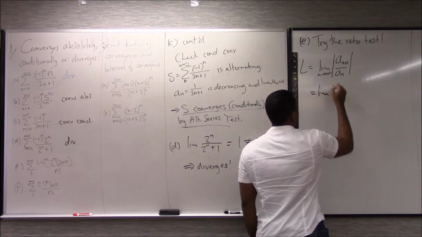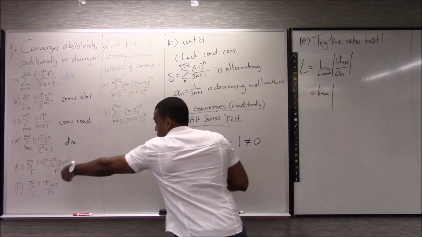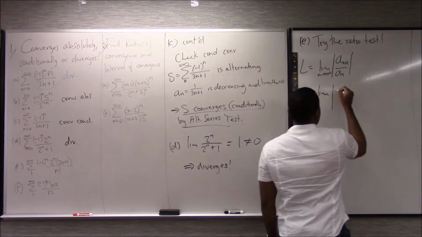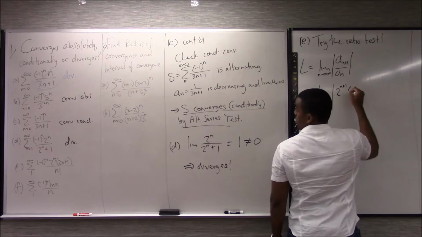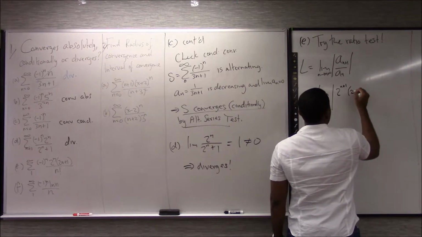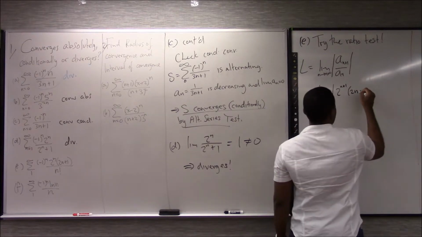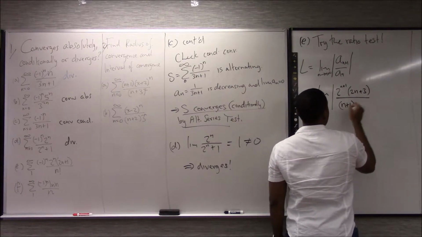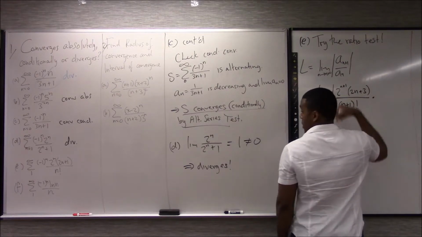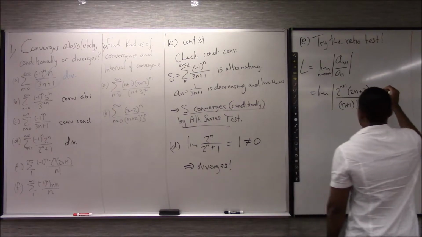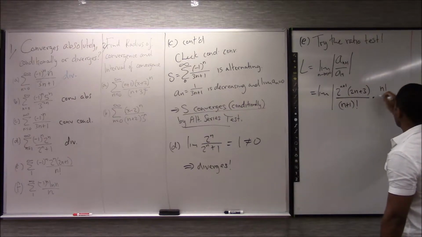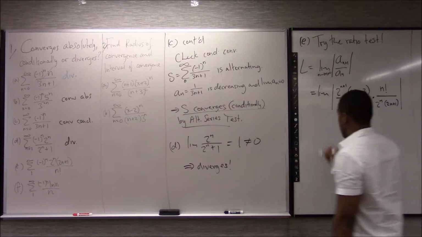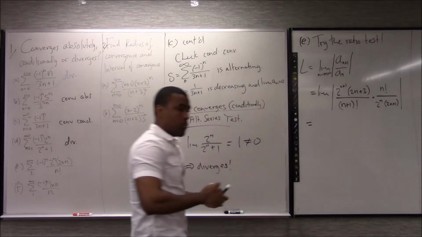We look at the limit of, replacing all n's with n plus 1's, 2 to the n plus 1 times 2n plus 3 over n plus 1 factorial. Multiply by its reciprocal, which is the same as division, so that's n factorial over 2 to the n times 2n plus 1. So we're looking at that.